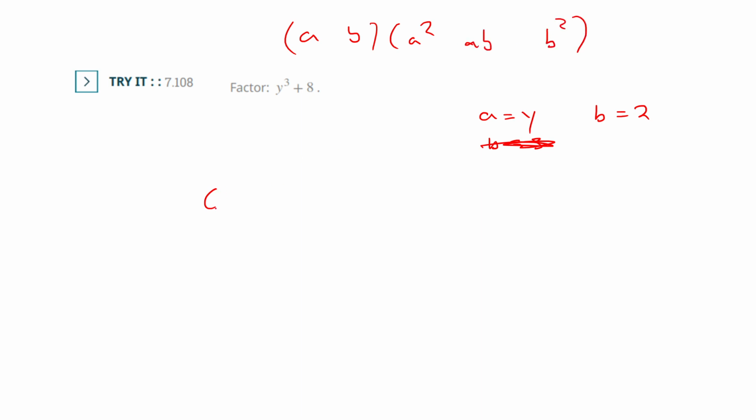So my A is y. My B is 2. A squared would be y squared. A times B would be 2y. Okay. I'm going to SOAP now. Same as what you started with. Opposite. Always positive.